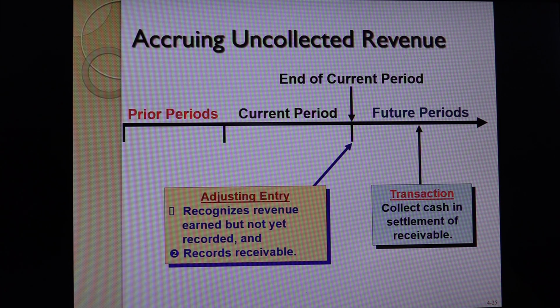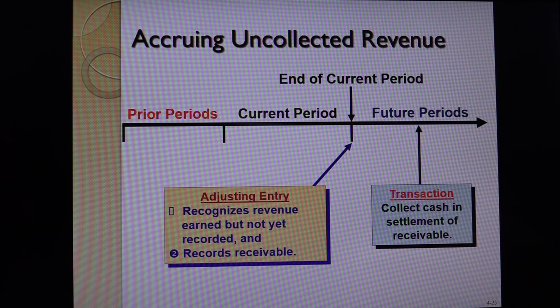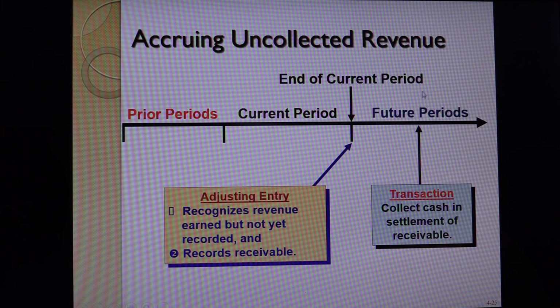So your debit's going to be to a receivable account and your credit's going to be to revenue. And then, of course, in that next year, when you receive the payment, you're going to debit cash and credit the accounts receivable account. So let's look at how that works.